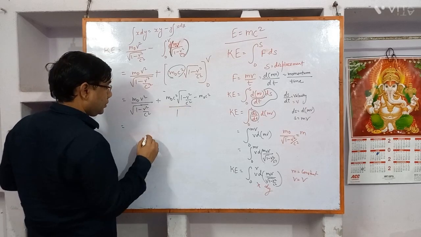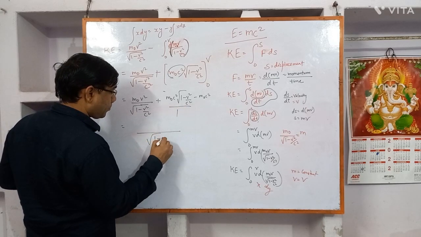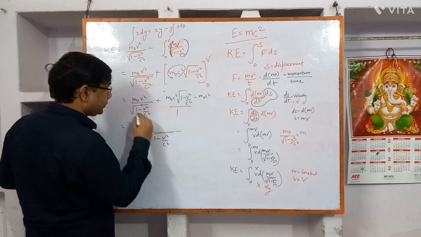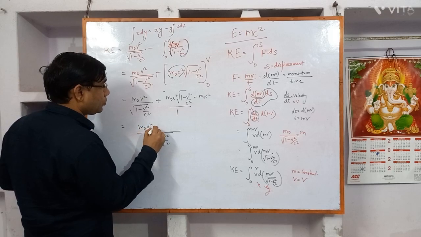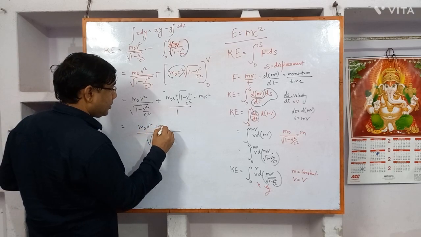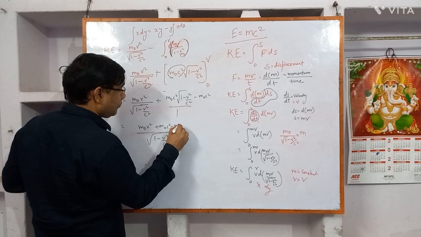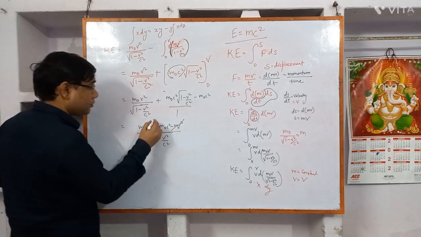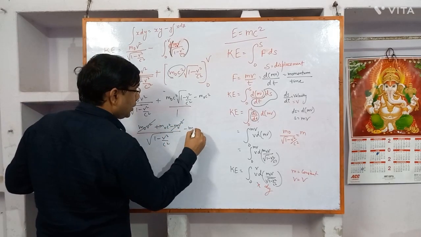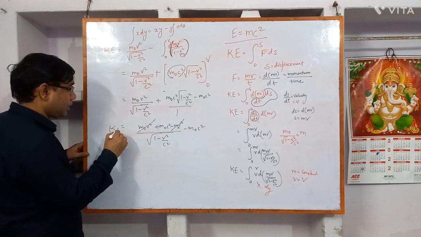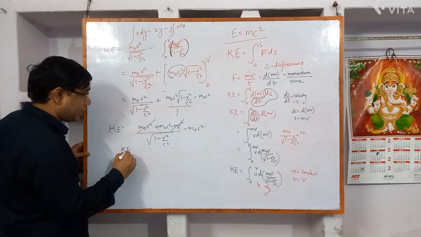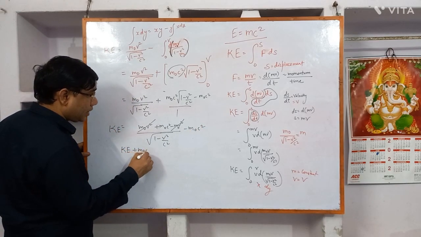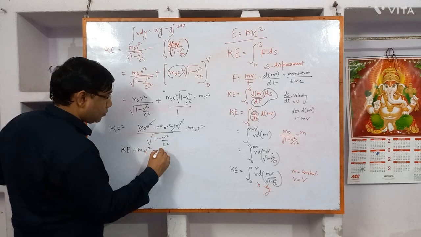By the cross multiplication, one value multiplied by m0 v is equal to plus m0 c square minus mv square. This function is finished. mc square is equal to kinetic energy. Now kinetic energy becomes mc square.